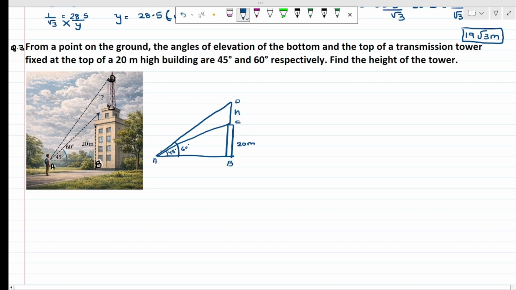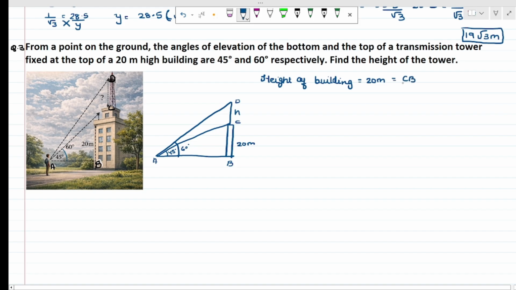Okay. So let's start again with the information which is already provided to us. So the height of the building is given over here: height of building is equal to 20 meter, which is denoted by CB.